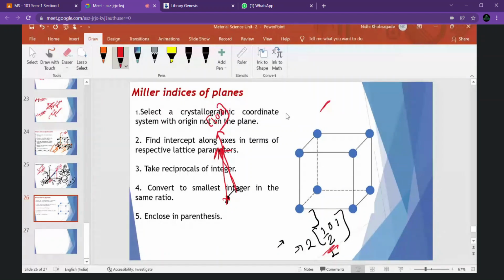Okay, so here it's a cube, a unit cell, which can have a plane which can be shown by using this triangle. Okay, suppose. And this is our respective coordinates x, y, and z.